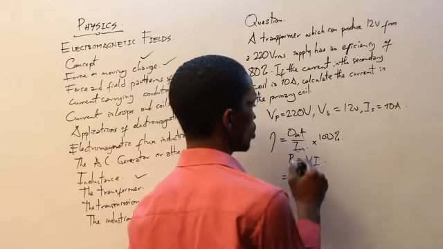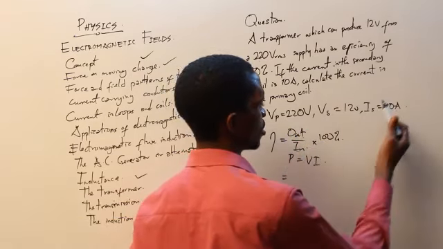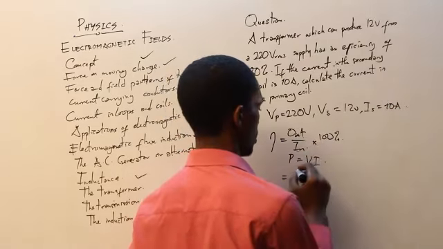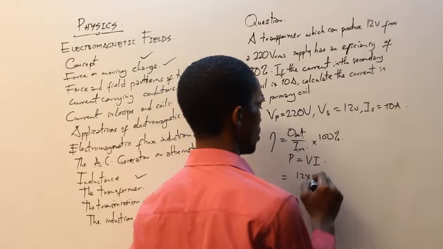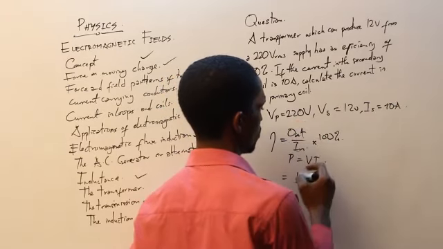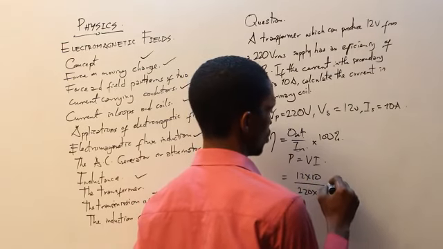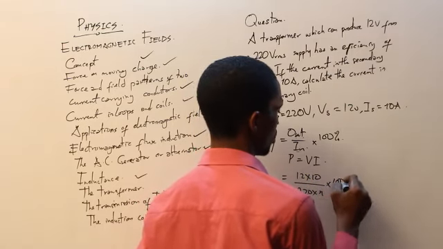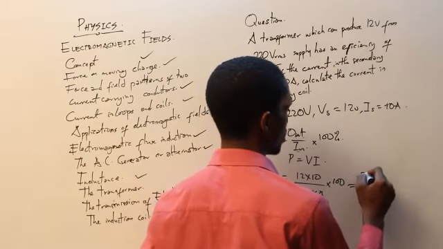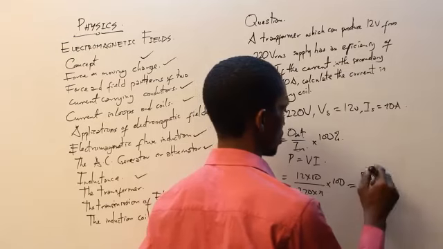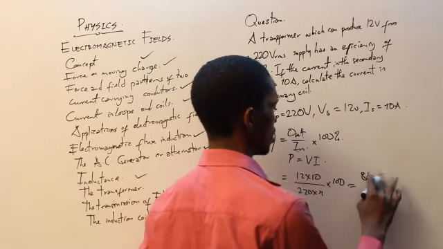So our output, which is secondary, is 12 times 10, divided by 220 times x, which we don't know, multiplied by 100, should give us 80%.